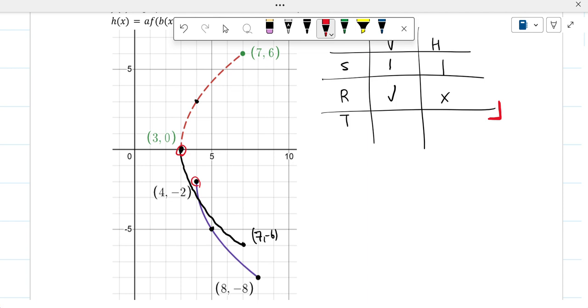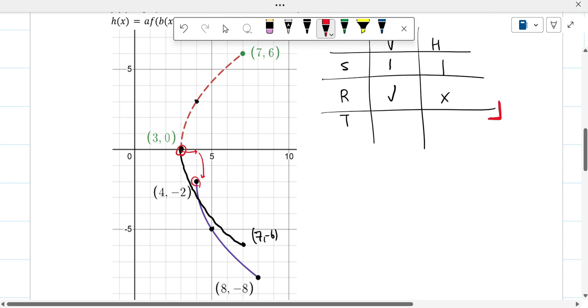Going from 3, 0 to 4, -2, it seems like we need to go to the right by 1 and go down by 2. So that tells me that horizontal translation is 1 and the vertical translation is -2. Just to do a quick check, let's also test another point. Going to the right by 1, going down by 2. So I do know that I've done my work correctly.